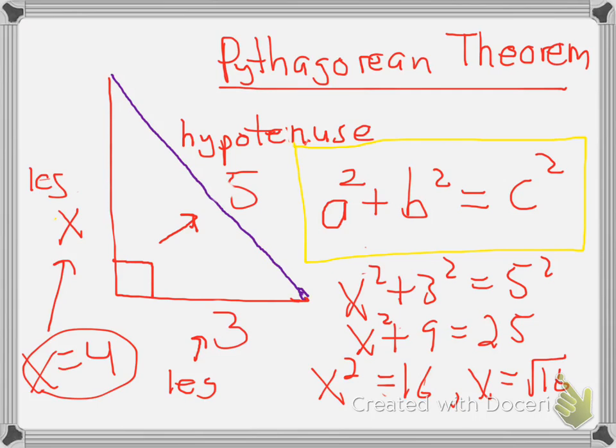What we're going to use the Pythagorean theorem for in this section is to find the lengths of segments that are appearing on graphs. And so suppose we have some graph paper.